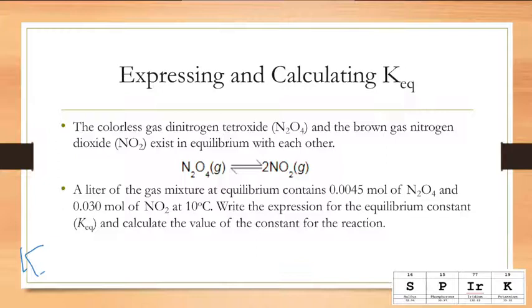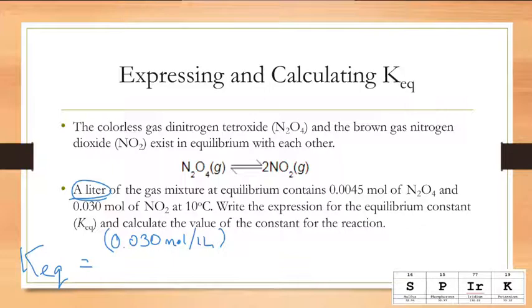So KEQ is equal to, our product is NO2, and we have 0.03 moles. And remember that this is concentration, so we need to make sure that we divide by that 1 liter. It says that we have a liter. Other times it will not just be 1 liter, so we have to make sure that we're always thinking about that. It needs to be in concentration.